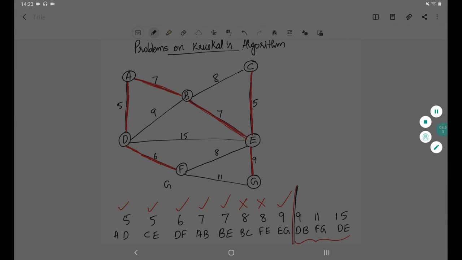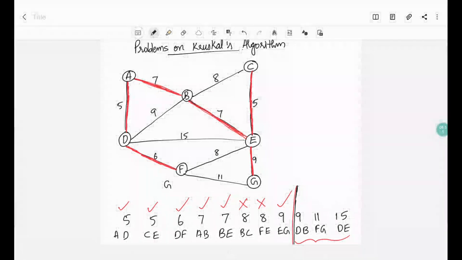Therefore, what we are seeing in the red color is called the spanning tree or minimum cost spanning tree of the graph capital G. And we have to calculate the sum of the edges present in the spanning tree. So here in the spanning tree there are several edges with different weights.